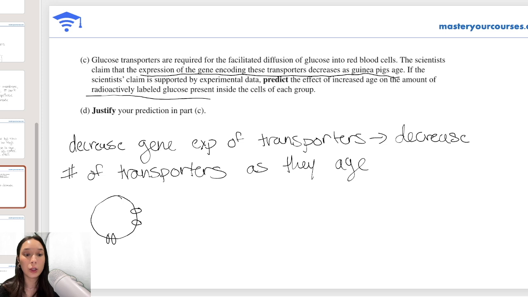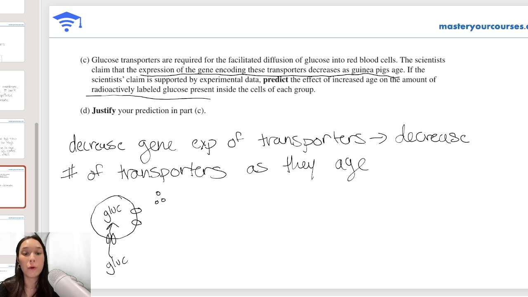And it's saying that the glucose is being taken up into the cell. So the glucose is going from here into here. Now, if there are fewer transporters, you would have less glucose inside the cell, just because there are fewer transporters, there are fewer things taking it in. So if you decrease gene expression of transporters, you decrease the number of transporters as they age.